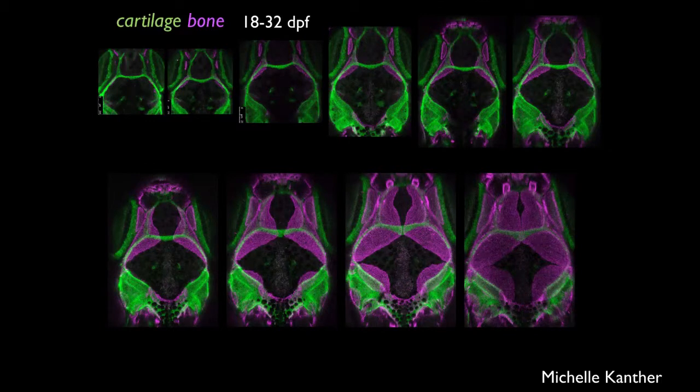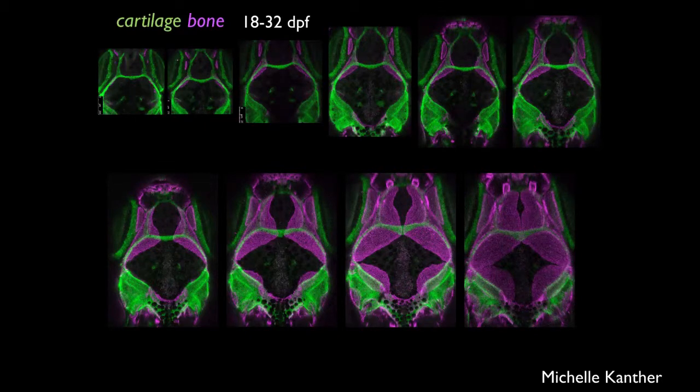So to compensate for this, we use standard length to calibrate all of our imaging data. From now on, I'll largely only refer to standard length, although I usually also have the days post-fertilization on the slide as a reference point.